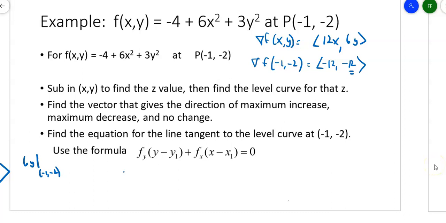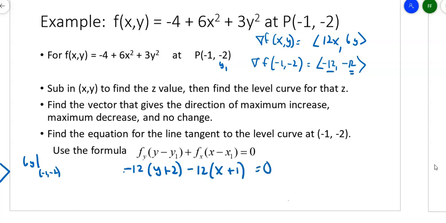So now that we have the values for the partial f with respect to x and y, we can just throw them in. So I get a -12, and then y minus, my y1 is this -2 that's up here. So y minus a -2 gives me y plus 2. Then minus 12, because that's my partial f with respect to x, times x minus a -1.